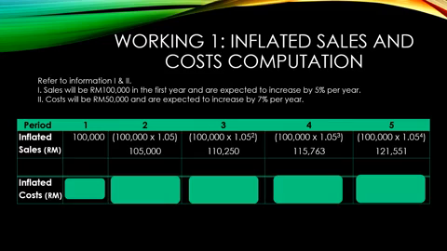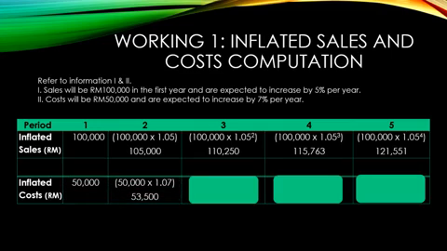Therefore, for period 1, the inflated cost will be 50,000 ringgit. For period 2, it will be 50,000 ringgit multiplied with 1.07, you will get 53,500 ringgit. For year 3, 50,000 ringgit you multiply with 1.07 power of 2, you will get 57,245 ringgit.